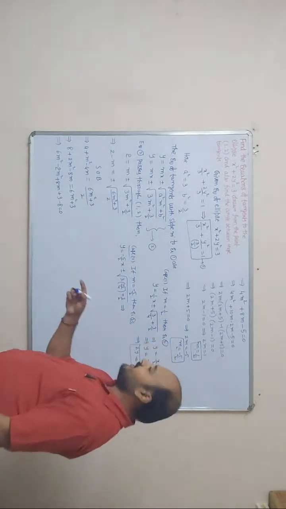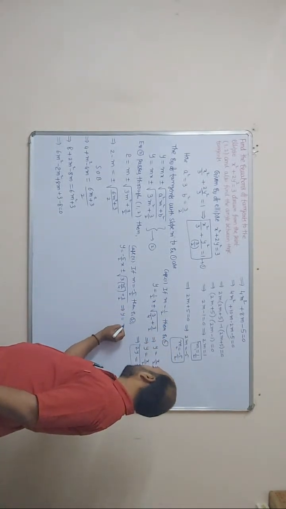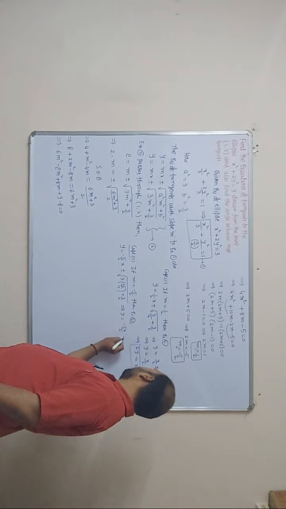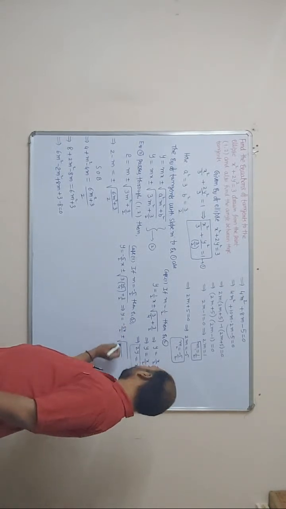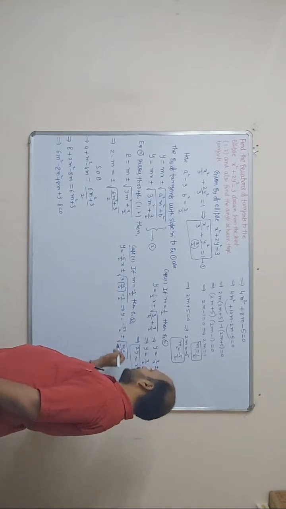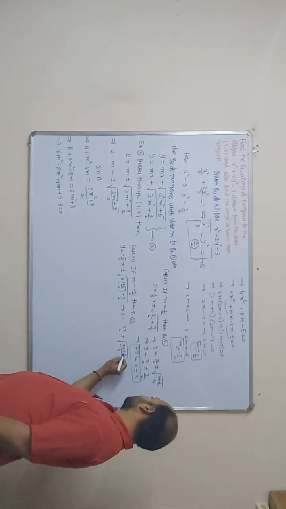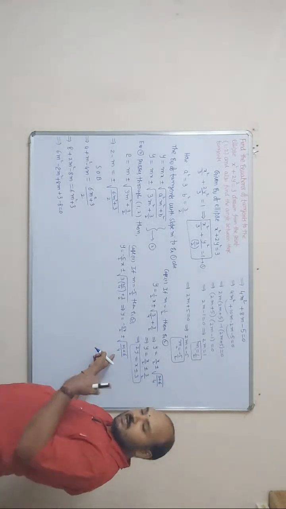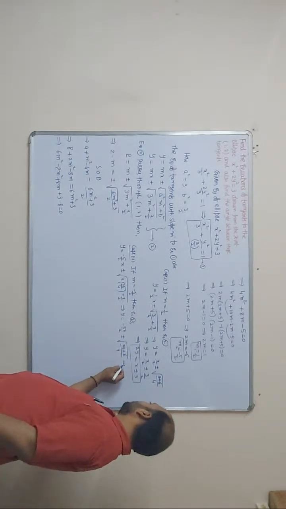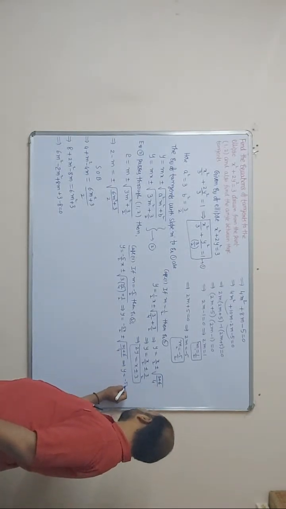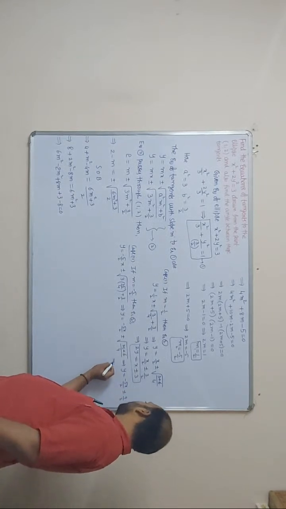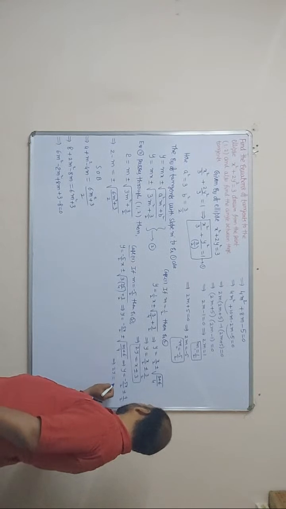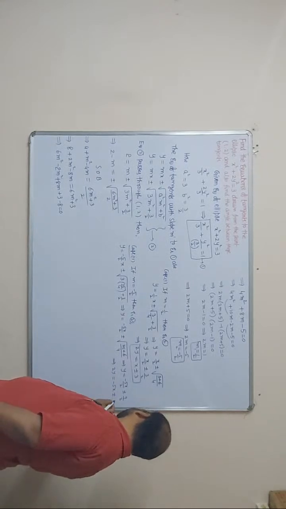If you simplify this, y is equal to minus 5x by 2 plus or minus root over 4 LCM, 75 plus 6, 81 by 4, which means 9 by 2 will come. So y is equal to minus 5x by 2 plus or minus 9 by 2. So 2y is equal to minus 5x plus or minus 9.